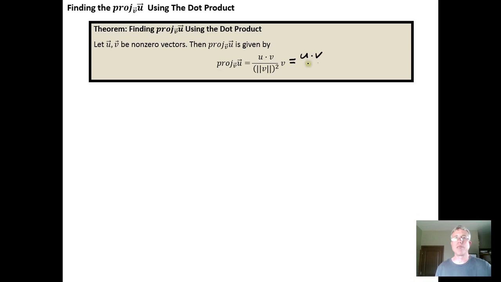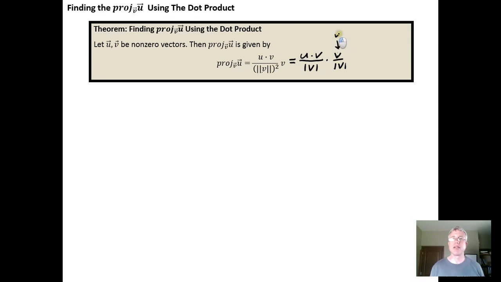So if I do u dot v divided by, and this is the size of v squared, if I leave one size of v here, then I'm multiplying, this is a scalar, u dot v divided by size of v is just a real number, and if I then move the other size of v underneath the vector v, I want to recognize that v over the size of v is v hat. It's the vector of length 1.